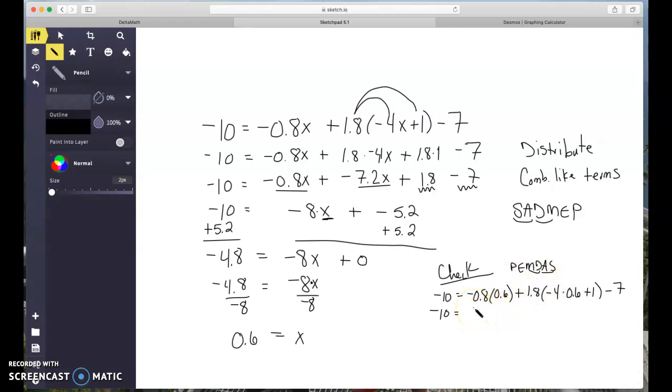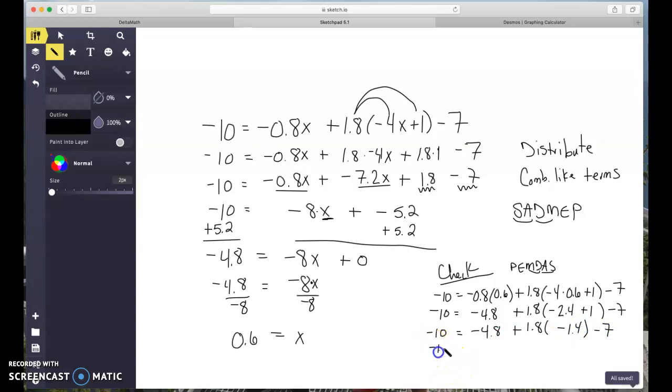So negative 0.8 times 0.6 gives me negative 4.8. And let's see here. Negative 4 times 0.6 gives me negative 2.4 plus 1 minus 7. Let's see here. So I've got negative 4.8 plus 1.8. Let's see here. Negative 2.4 plus 1 would give me negative 1.4.